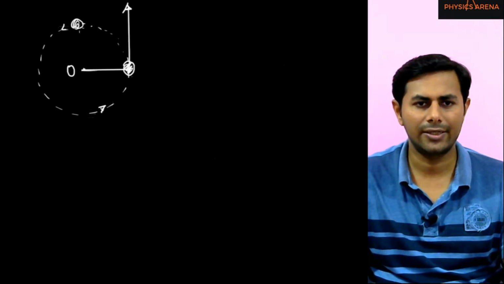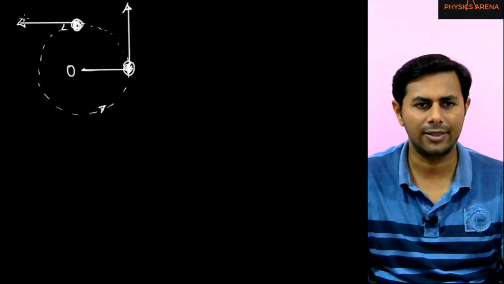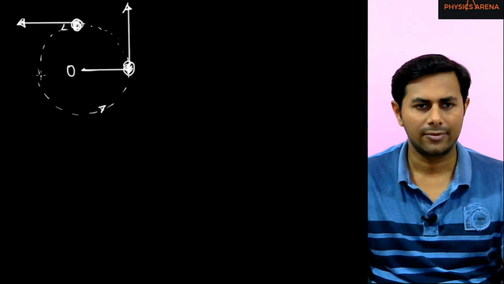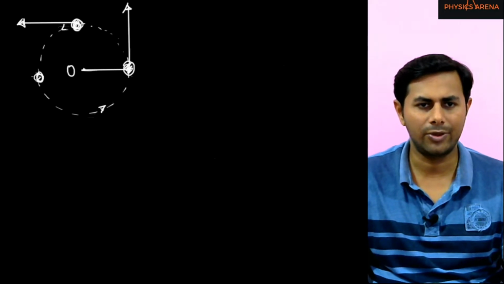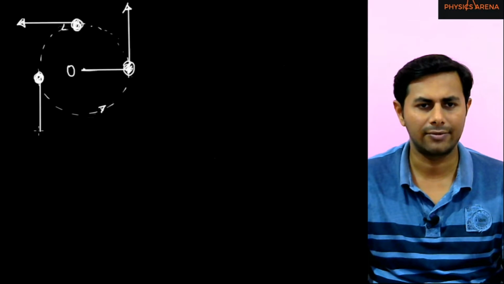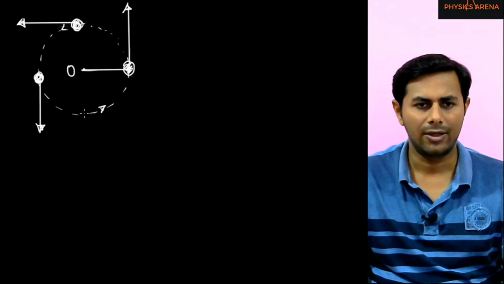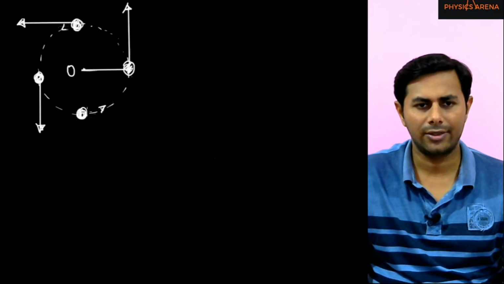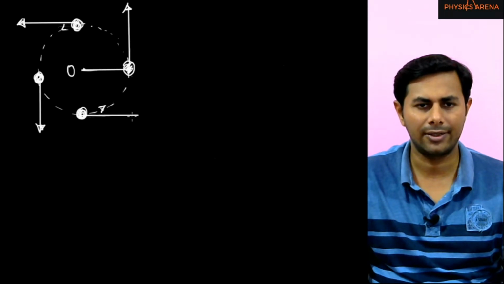When it reaches this point, the velocity will be directed in this direction. When it reaches this point, the velocity will be directed vertically downwards, and at this position the velocity will be directed in this direction.